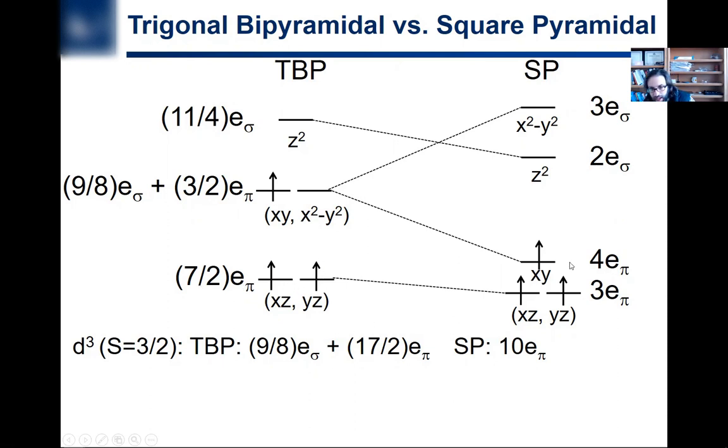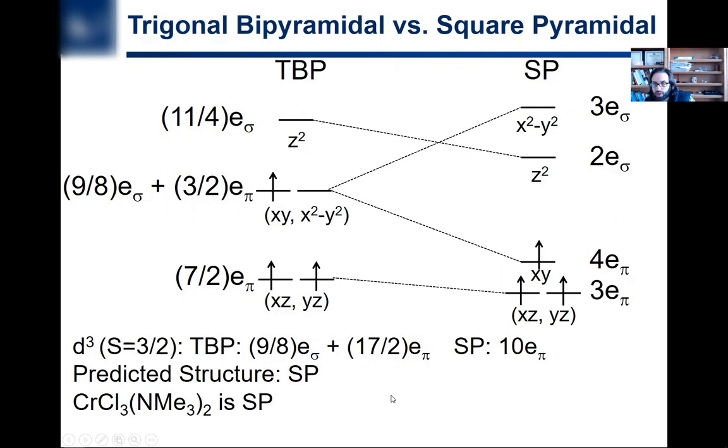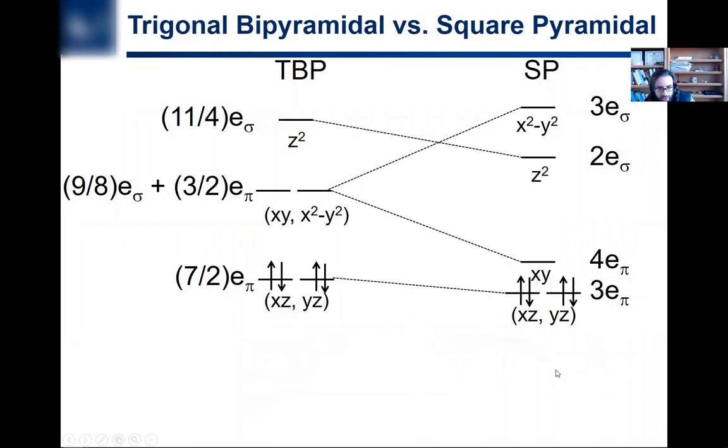We got this value. And then for here, I did 4 e pi plus 3 e pi plus 3 e pi, getting 10 e pi. So definitely the predicted structure for a quartet D3 transition metal 5-coordinate geometry is going to be square pyramidal, and indeed that's what the experiment bears out.